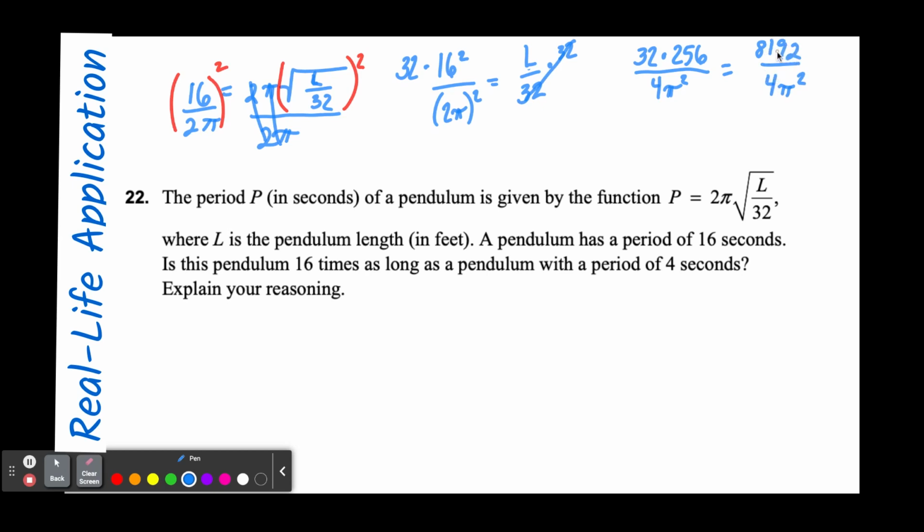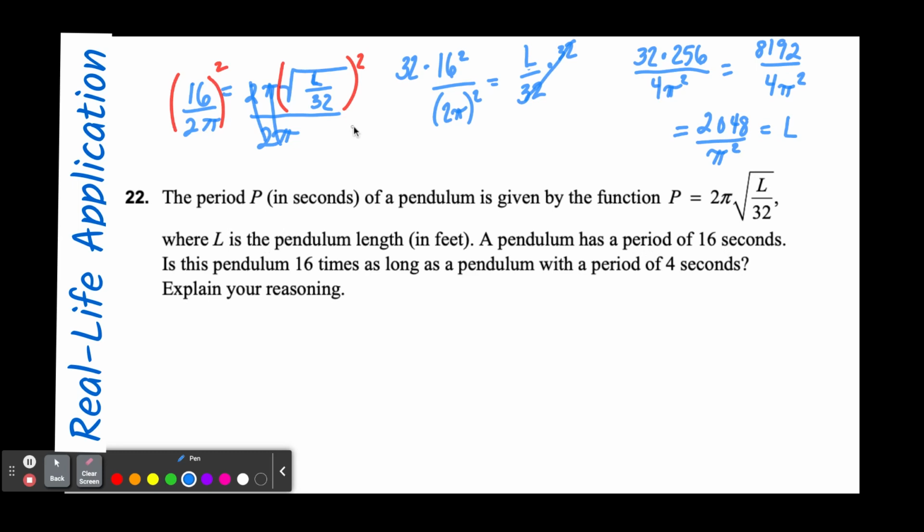So if I divide 8,192 by 4, I can simplify and work with a smaller number and get 2,048 over pi squared. You'll see why I'm leaving the pi out of it, because pi is irrational, non-terminating, non-repeating. So let's just leave this value for now. That's going to be the length for the period of 16 seconds.